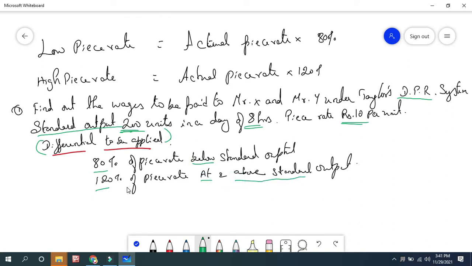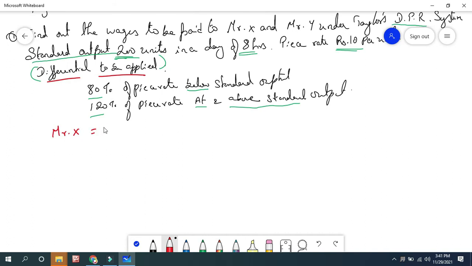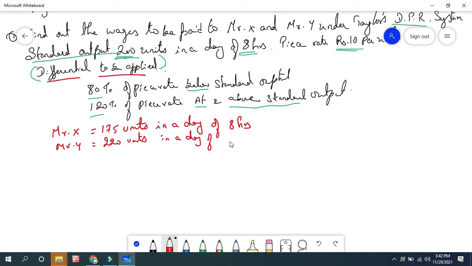So we are going to apply Taylor's differential piece rate for this sum. For Mr. X, it is 175 units in a day of 8 hours, and for Mr. Y, it is 220 units in a day of 8 hours.